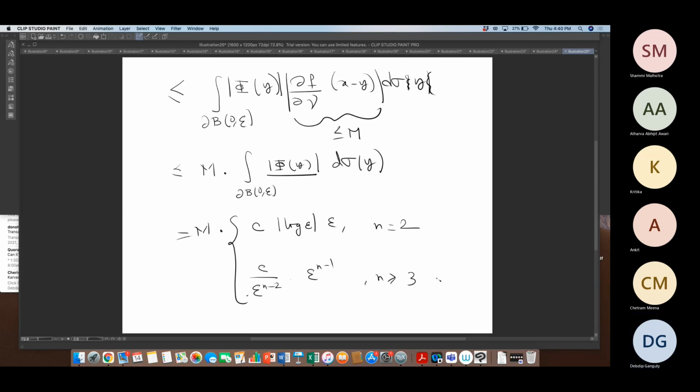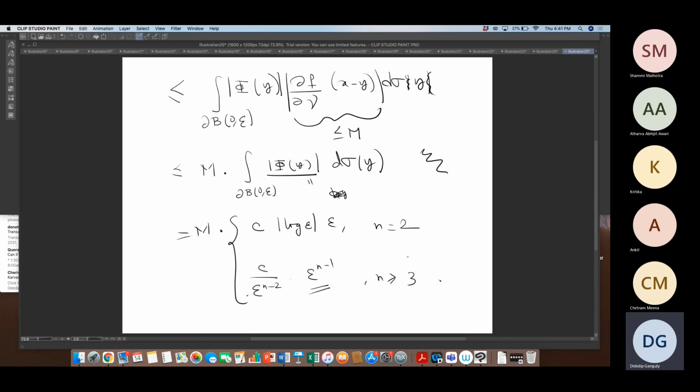Anyone? What is phi, man? Phi is radial. Yes, it is radial, so it is constant on the boundary, on the circle. So epsilon comes out and only the integral over del B_0 epsilon remains. What is the measure of the boundary of B epsilon? Epsilon to the power n minus 1.